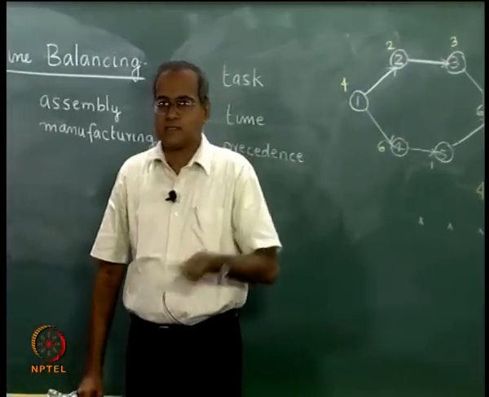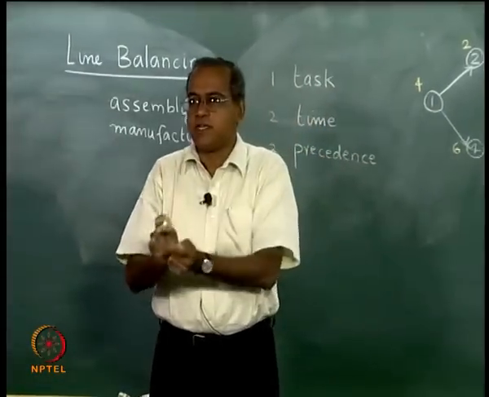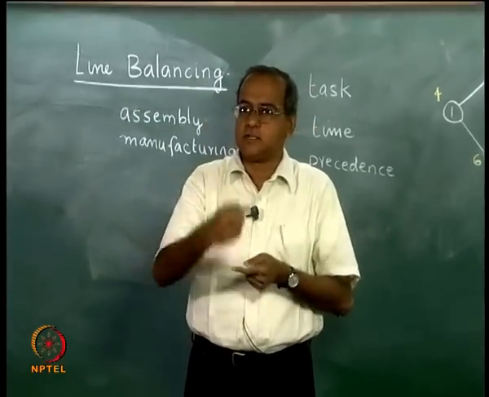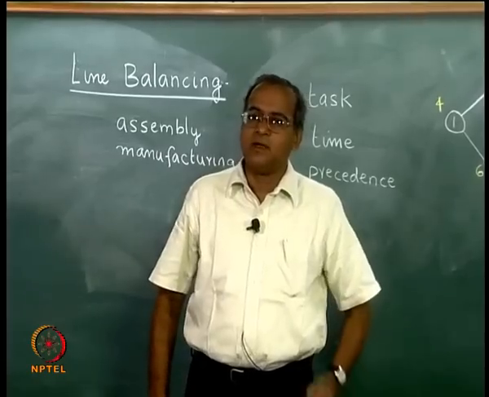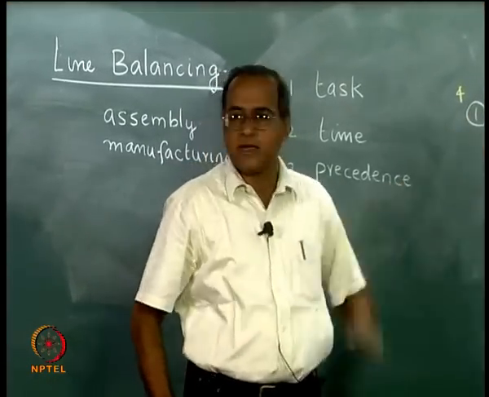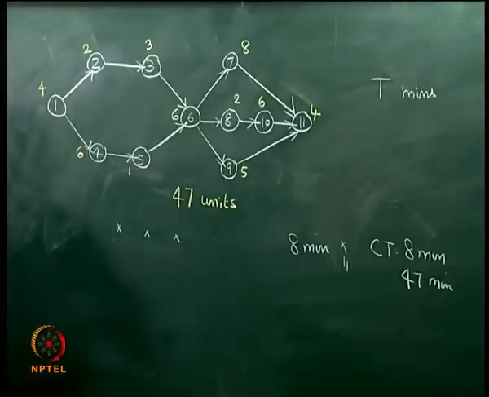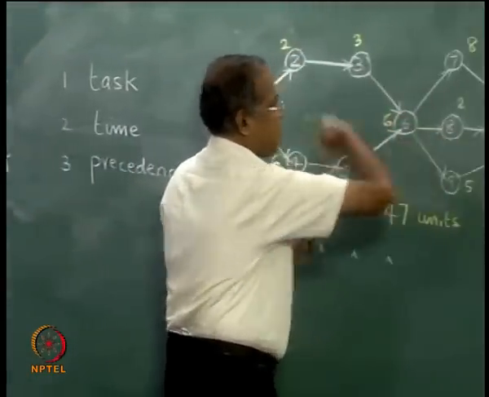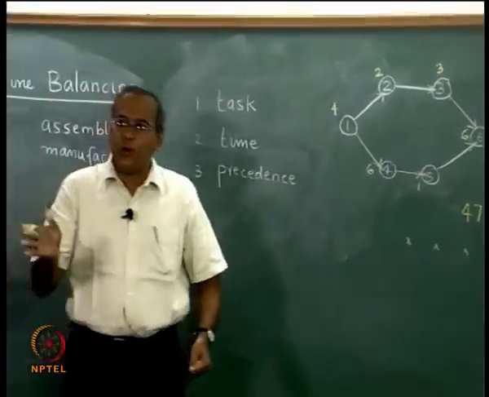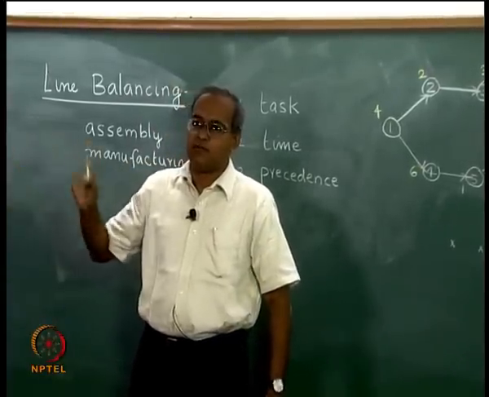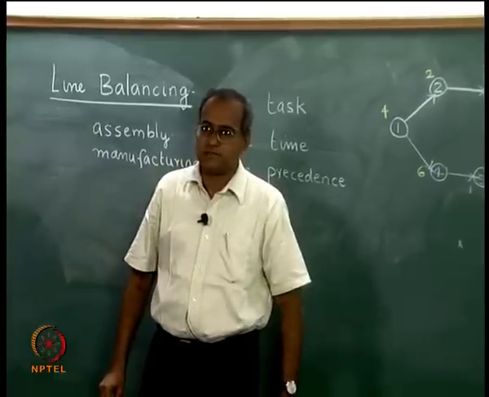What are the tasks that have to be carried out in each of these workstations, or what is the allocation of the tasks to each workstation, such that the workstation time is less than or equal to capital T, we have the minimum number of workstations required, and the precedence relationship that we have described is not violated by the unidirectional flow that we want to have amongst the workstations.